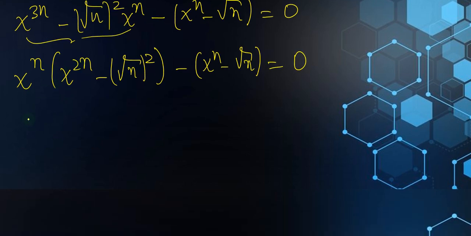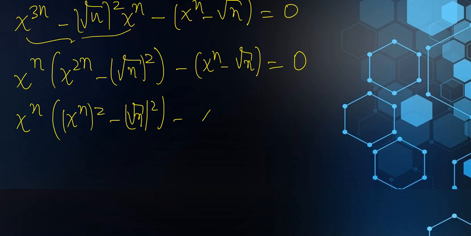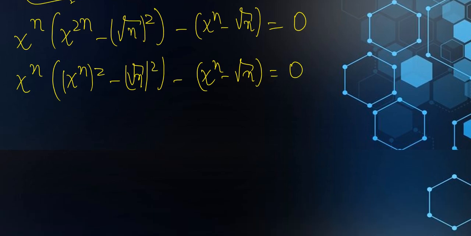Now I'm going to write this as x to the n, and this one here I can write as x to the n to the power of 2 minus square root of n squared, minus x to the n minus square root of n, and this is equal to 0.